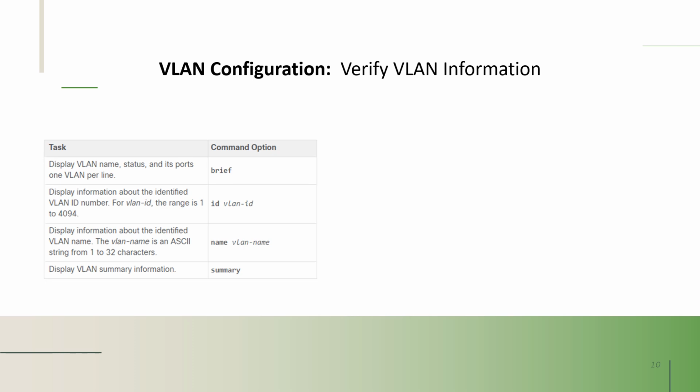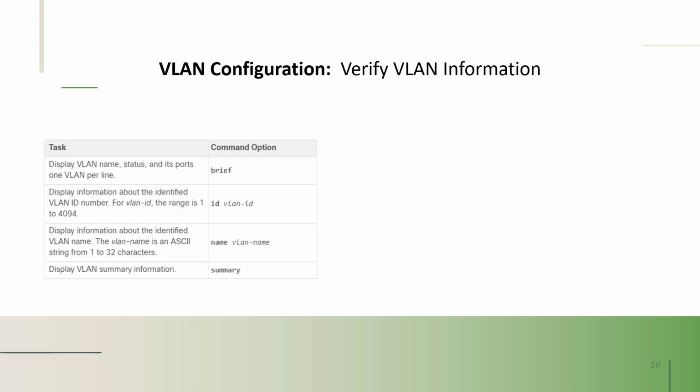And here in this table, the show vlan command is described with its options. If it is followed by brief, it will display the VLAN name, status, and its ports, one VLAN per line. If it is followed by id and the VLAN ID, it will display information about the identified VLAN ID number.